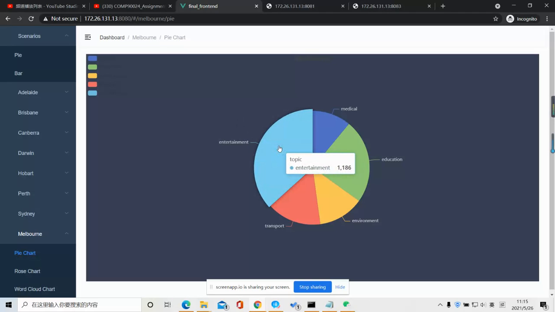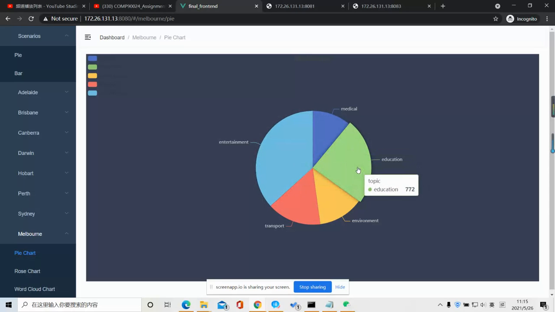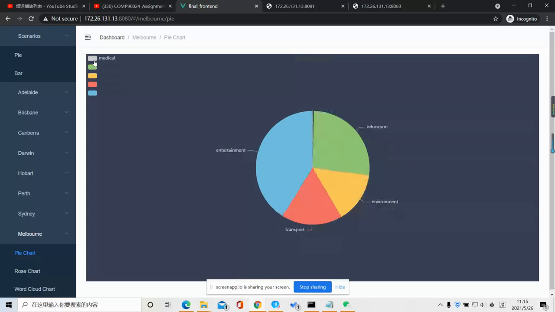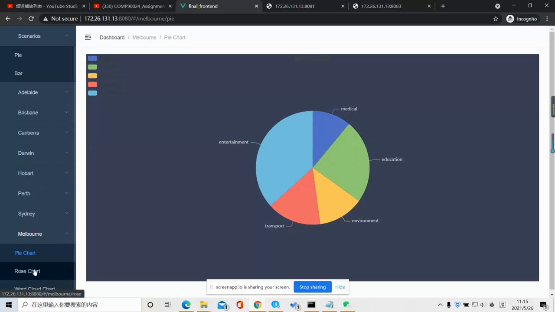As shown in the pie chart page, entertainment is the main topic in Melbourne, then maybe education, environment or transport, and the last one is medical. We can deselect some topics and see other topics and their distribution. And for Melbourne, we also have a growth chart.